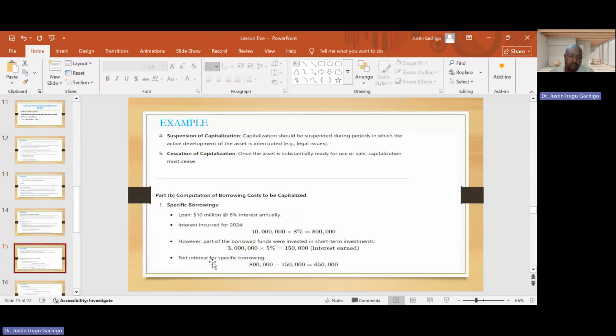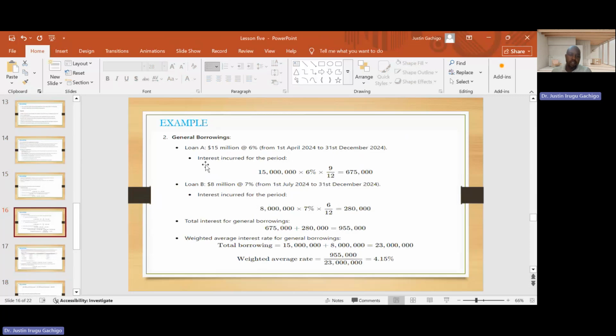So the net interest from the specific borrowing will be 800 minus 150, which gives 650. So 650 is the one that is going to be capitalized. Remember, we said that if from the 10 million you take some money and do some investment, the interest earned from that particular investment is not part of the amount that you are going to capitalize.